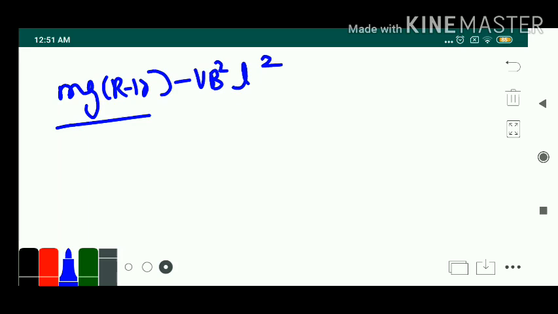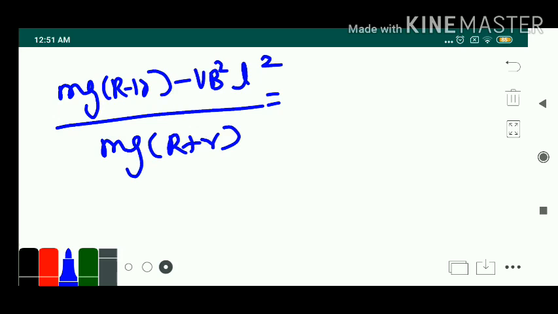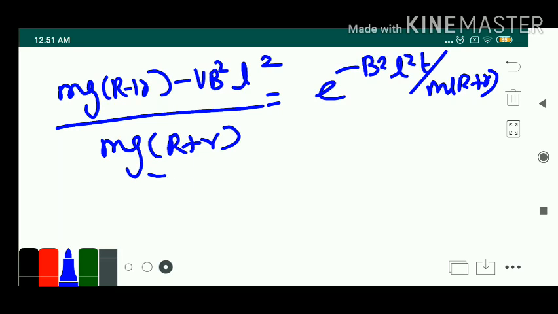And there is a denominator mg r plus r is equal to e raised to minus b squared l squared t divided by m r plus r, right? Now this term can be brought here, and then you can just subtract the value of v, right? This term goes over here, so I'm just writing the answer.